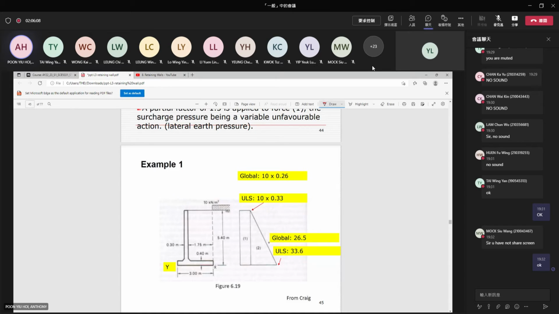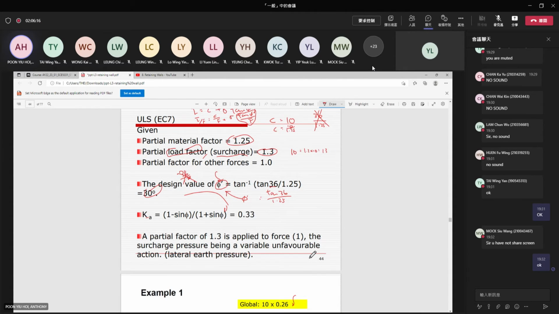Okay, so this is, as I said, if we use the global factor of safety, first of all we have to recalculate this Ka, because last time our Ka is based on friction angle equals to 36. But because of the partial safety factor, the new friction angle then will become 30.